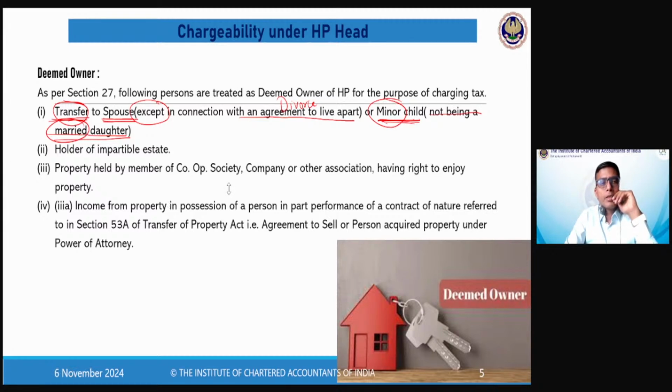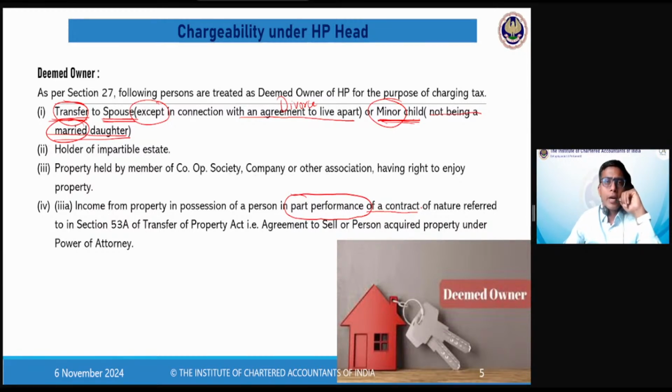Now, this fourth scenario is again a practical case which is covered in clause 3A of this section. What it says, where the property is in possession of a person in part performance of a contract. Now, this word will be repeated when we deal with the capital gain head. What is part performance of a contract? Please understand, it is again a practical scenario.